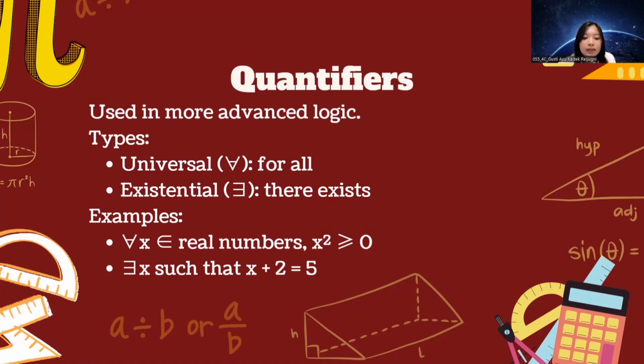For example, this means for all numbers x, x squared is greater than or equal to 0. This symbol means there exists. So for example, this means there exists an x such that x plus 2 equals 5.